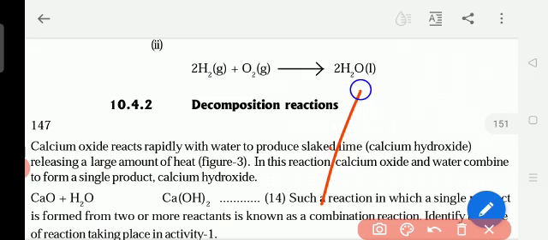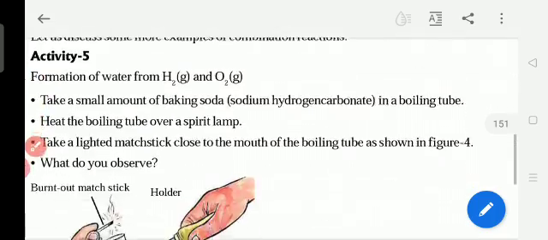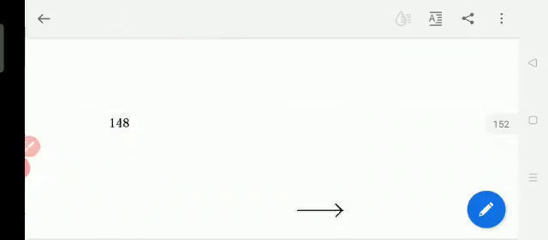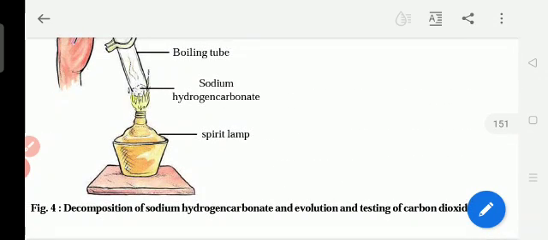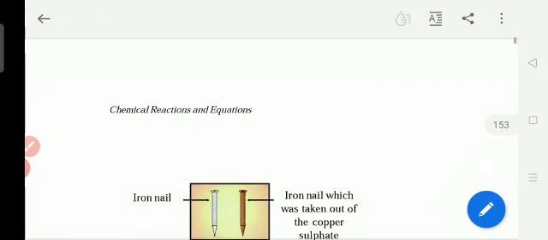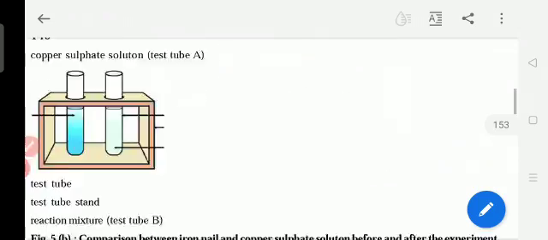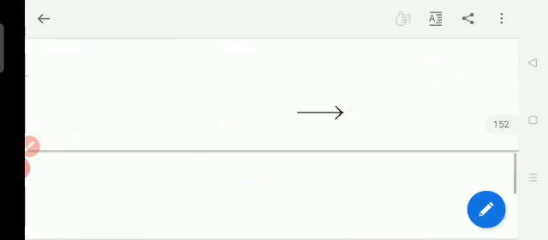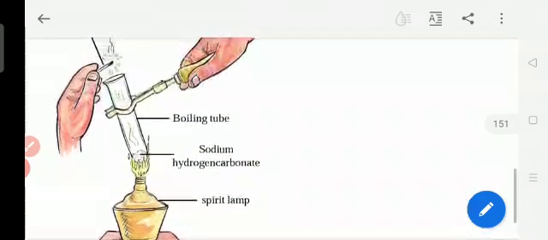148 page if you take, there is a definition there. Decomposition reaction. Okay. So decomposition reaction means what? 148, you see the second paragraph down the equation.